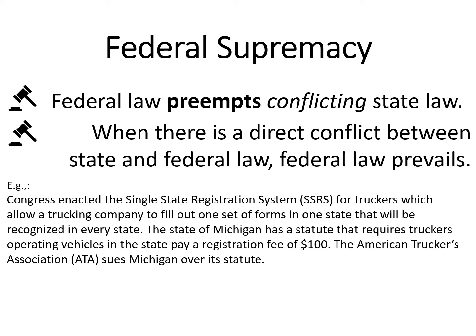So when Michigan comes up with their own additional registration for trucks going through the state, that costs truckers extra money, and it's also inconvenient. What if the truck is just going through Michigan on its way to Illinois? But they are subject to this law and could be fined.